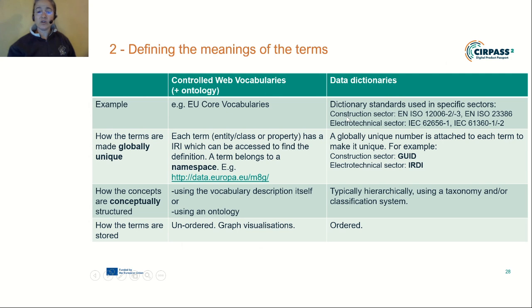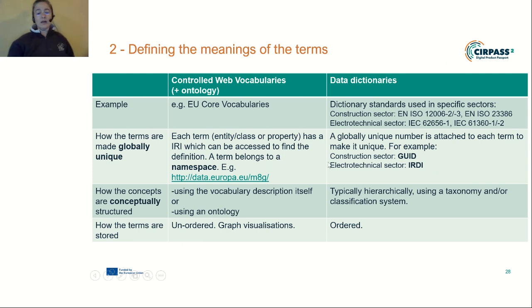These standards are used in the electrotechnical sector, and the way the terms are made globally unique is through a unique number that is often standardized, of course. In the construction sector, they will use a global unique identifier, and in the electrotechnical sector, you use an IRDI.